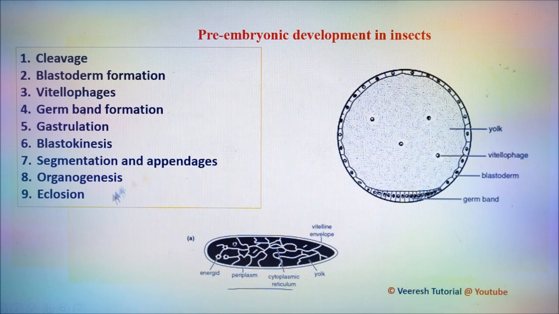And then organogenesis, that means the process by which the three layers, that is ectodermal, endodermal and mesodermal layers, develop into internal organs of the insect. And finally eclosion takes place, that means the larva emerges from the egg due to intrinsic and extrinsic mechanisms.